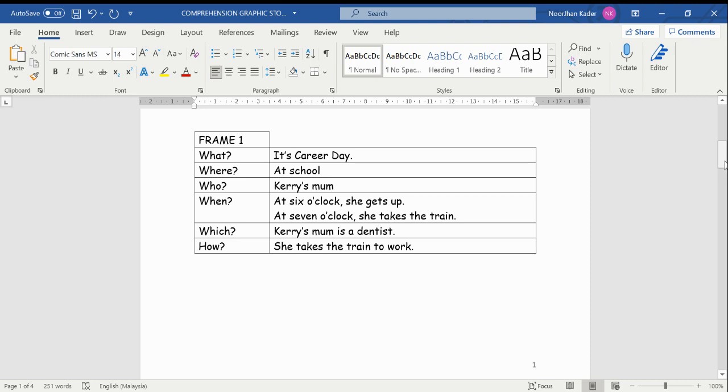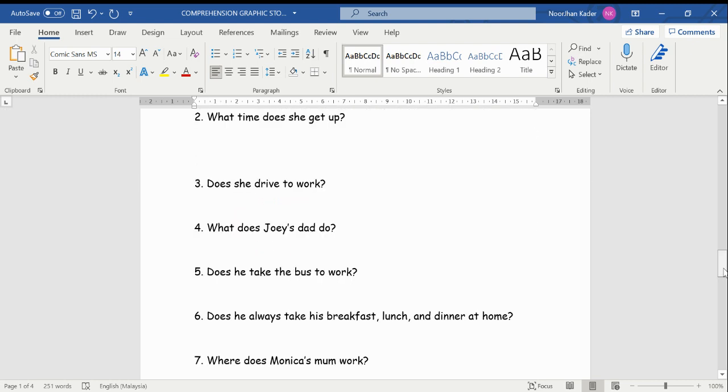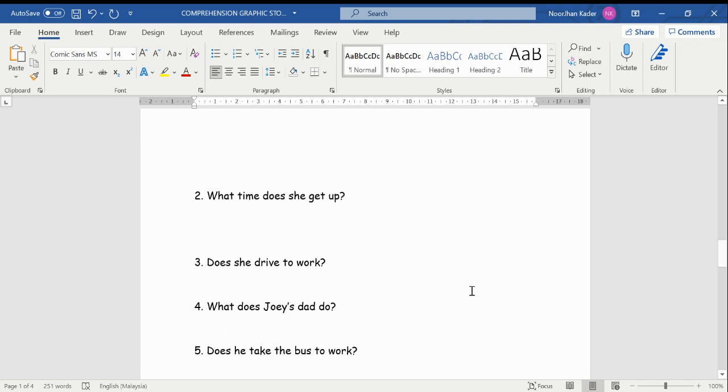But when you answer a comprehension question, you have to see how the question is asked. Here it says, what time does she get up? That means what time, so you have to write the time. But since it asks 'does she get up', this is the first phrase that you have to put in front when you answer.